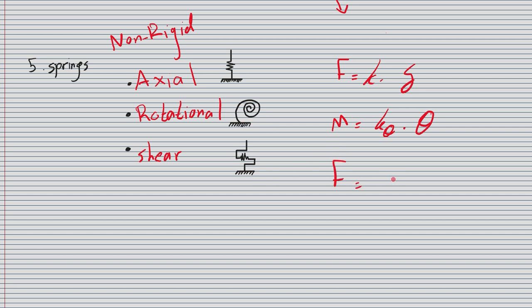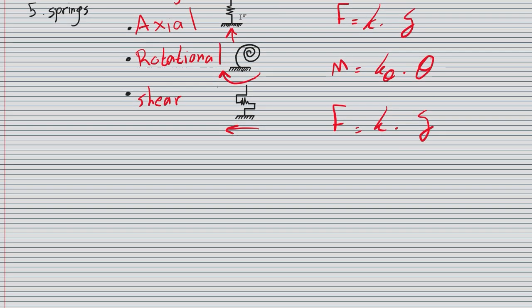And the shear spring is the same as the axial. The only difference between these two is that this one constrains the movement along its axis, and this one constrains the movement perpendicular to its axis. This one looks like this.